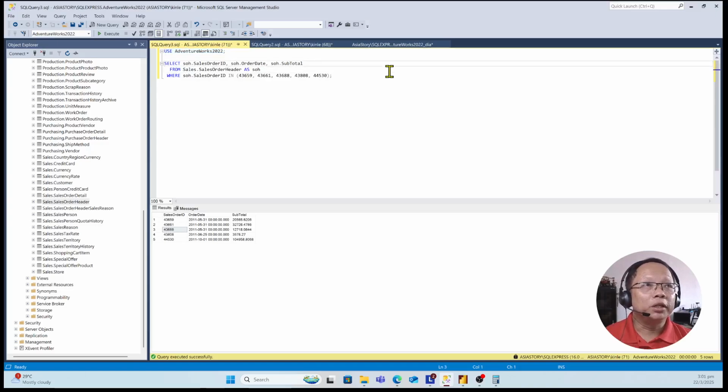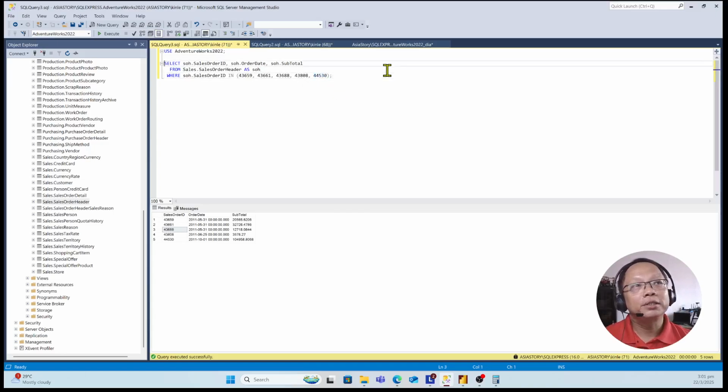Then I selected sales order ID, sales order date, and subtotal from the sales order header. These are five sales order IDs which I randomly picked, and one of them has a percent discount, 44530.